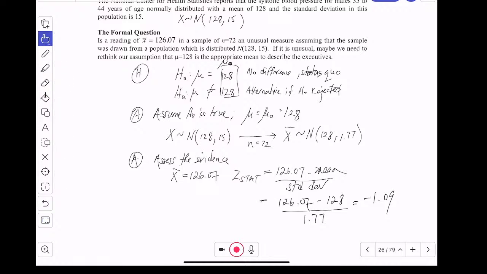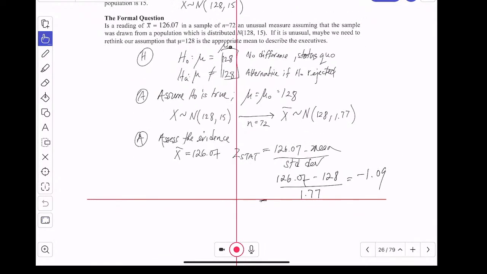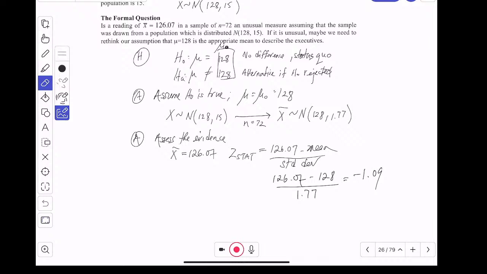I don't think this is going to be a rejection. I think we're going to fail to reject. So let's see. Let's calculate the p-value.